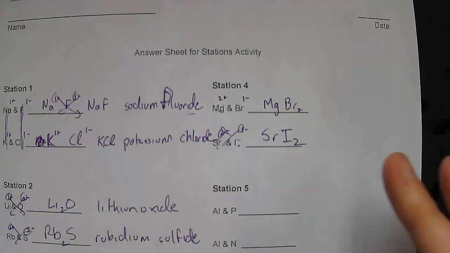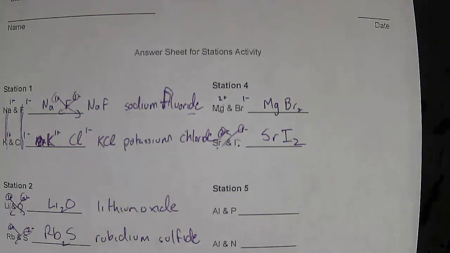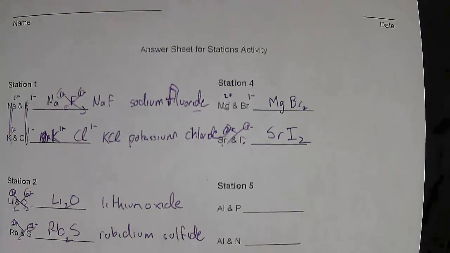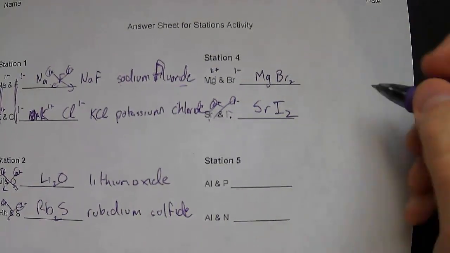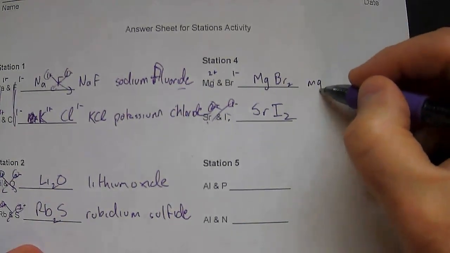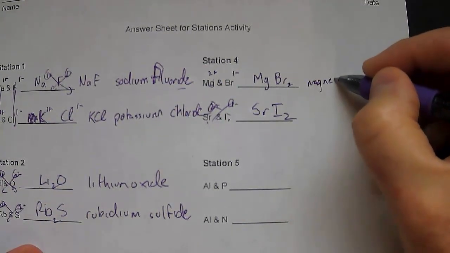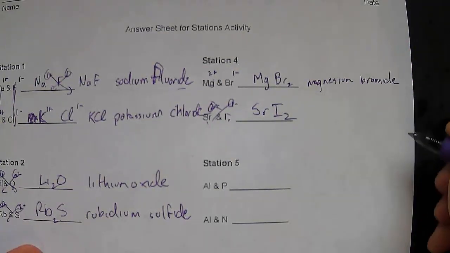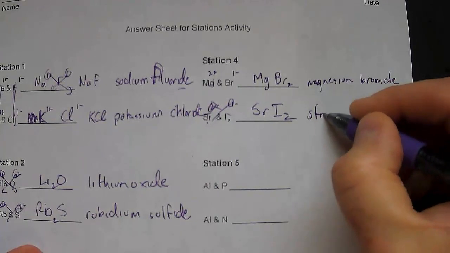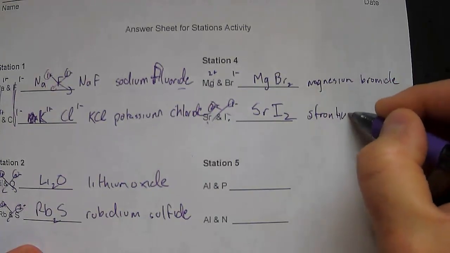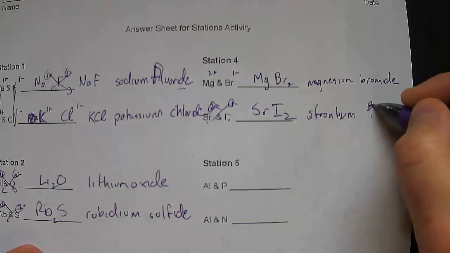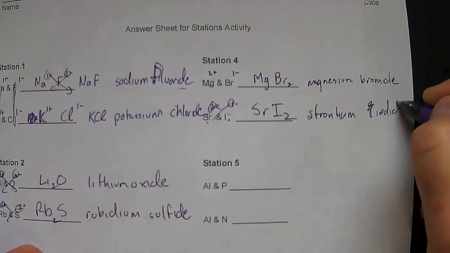So you can sometimes pick up on the pattern, and it gives you a little bit more depth in how to solve these problems. Naming, this is magnesium bromide, and this is strontium iodide. Make sure I spell that correctly. I-O-D-I-D-E. Okay.